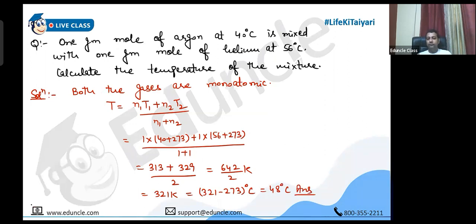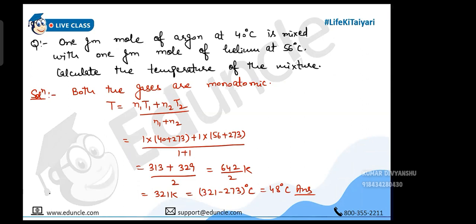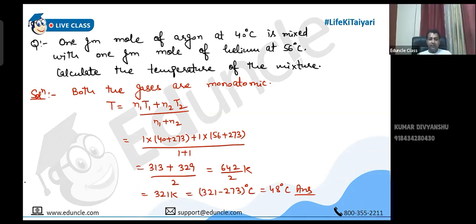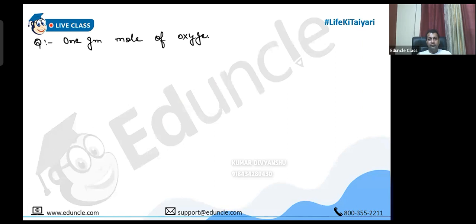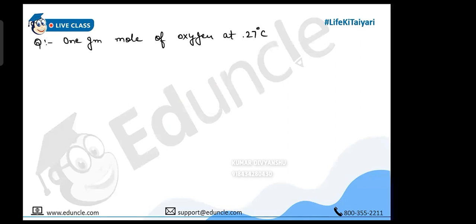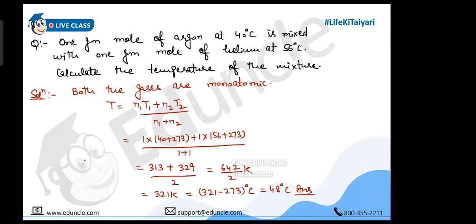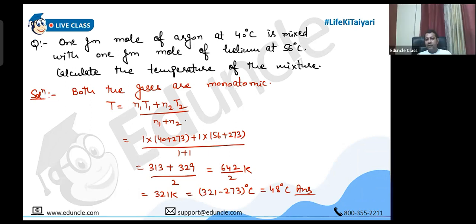Clear? Yes, sir. Now another one. Sir, for 1 mole, N1 and N2 we will take as Na, Avogadro number, na? Then what? Even then they will get cancelled. In the denominator also you will take Na plus Na. What is the difference? Even then you will get a factor of 1 by 2. Okay, sir.